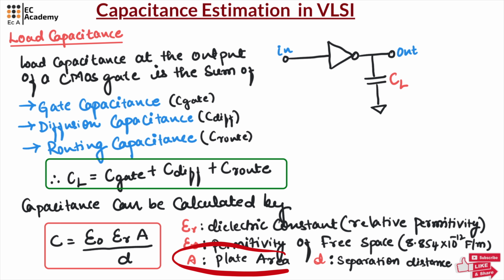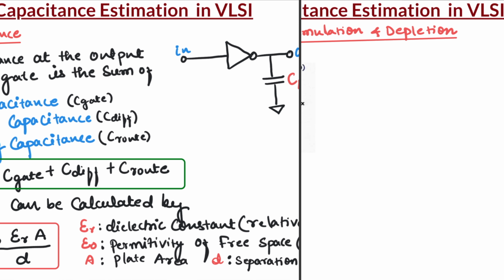Here A and D represent the physical geometry of the capacitor, where A represents the capacitor plate area and D represents the separation distance between the plates.